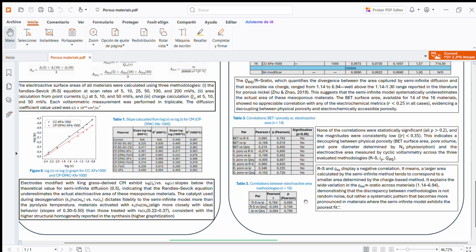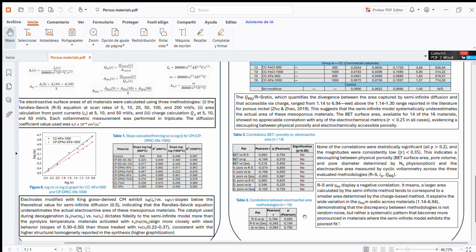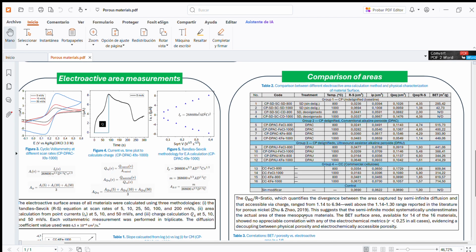But the correlation between the electroactive area methods is good. It is not a surprise, in fact, because all these methods are based on the same theory.